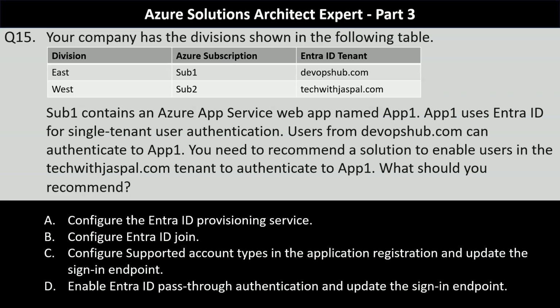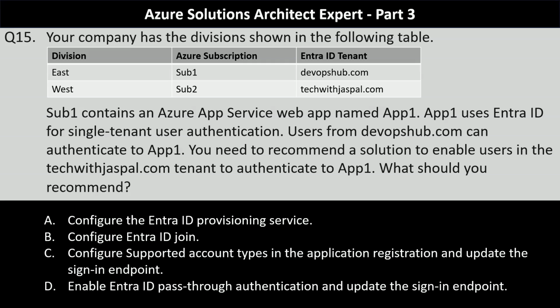Sub 1 contains an Azure App Service web app named App1. App1 uses Entra ID for single tenant user authentication. Users from DevOpsHub.com can authenticate to App1. You need to recommend a solution to enable users in the techwithjaspal.com domain to authenticate to App1.